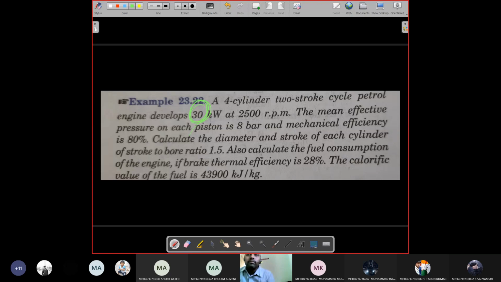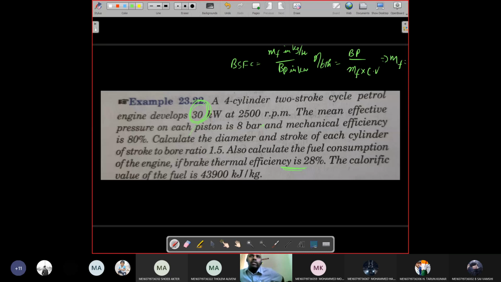Brake thermal efficiency is also given, 28%. What is brake thermal efficiency? Brake thermal efficiency is equal to BP by mass of fuel into calorific value. From this you will get MF. Yes or no? Once you know MF, then BSFC we can calculate. BSFC is equal to MF in kg per hour divided by BP in kilowatt.